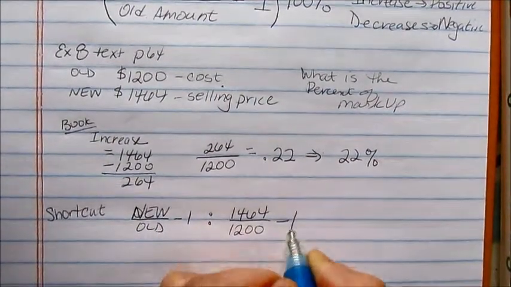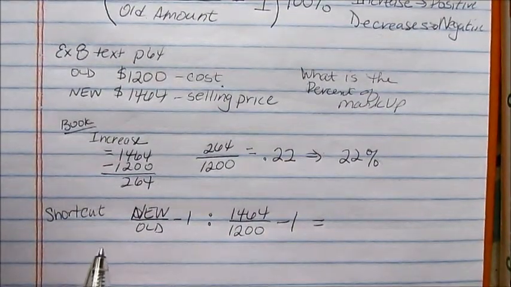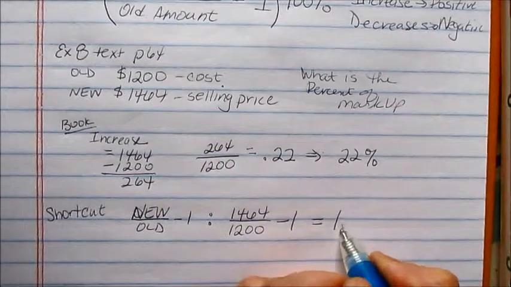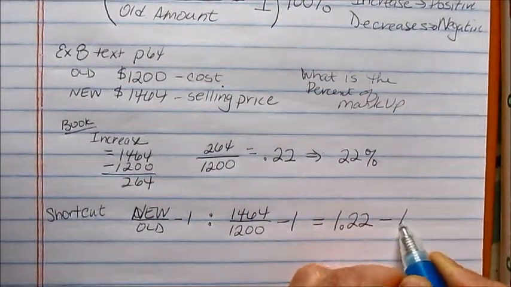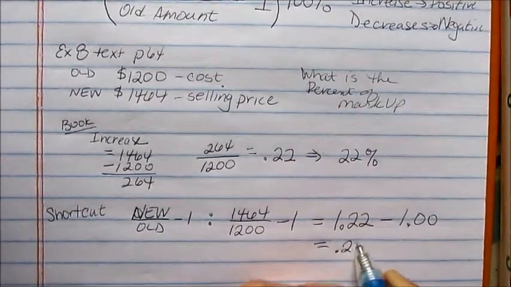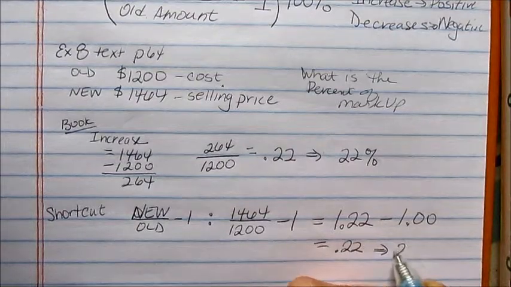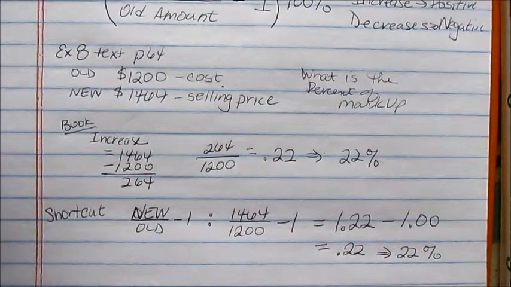We subtract 1. We need to do this division first. So when we do the division, we actually get 1.22. And we subtract off 1, and we end up with 0.22, which we report as 22%. So you do get the same answer.